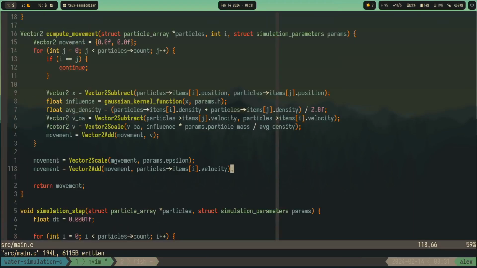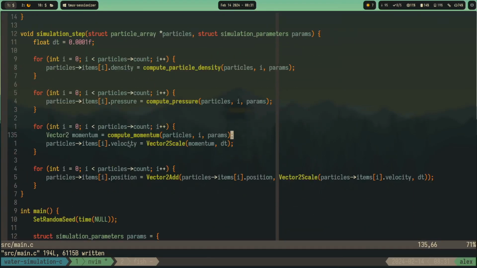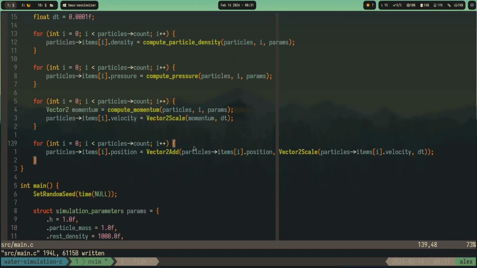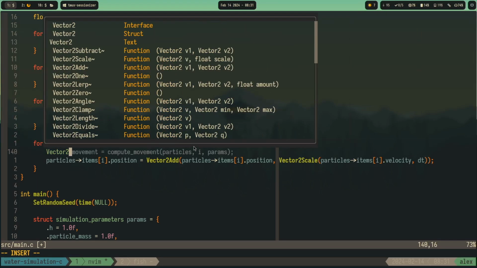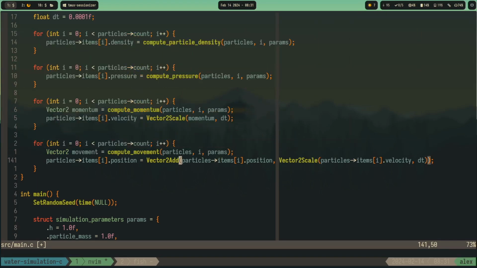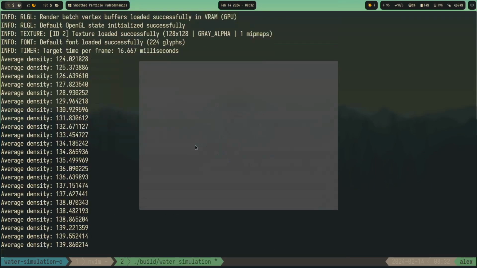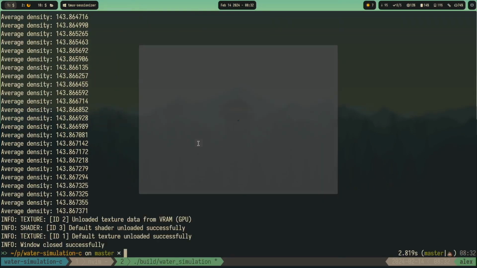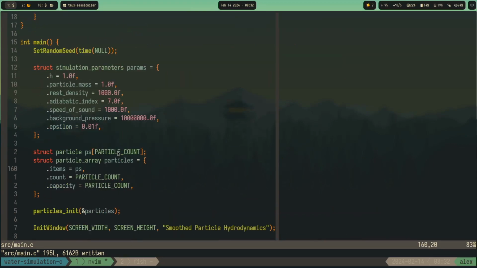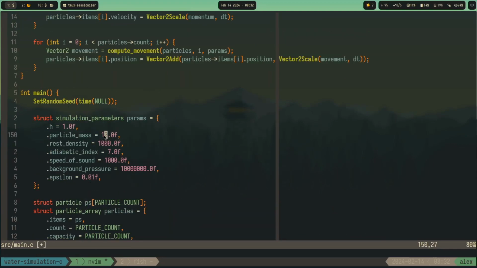Although I haven't used it, compute movement. So movement, and here we need to use movement instead of velocity. Okay, and let's see what happens if we increase the mass.